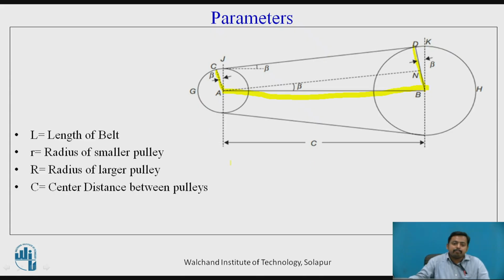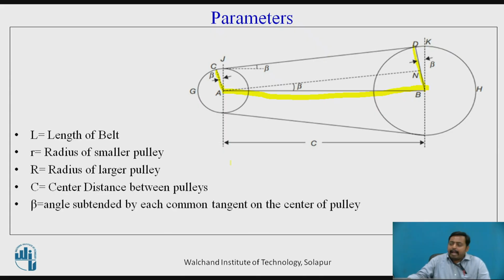In this case we have AB as the center distance, and beta is the angle subtended by each common tangent on the center of the pulley. So in this case we have angle CAJ as the beta angle and angle DBK as the beta angle. So it is the angle subtended by each common tangent on the center of the pulley.